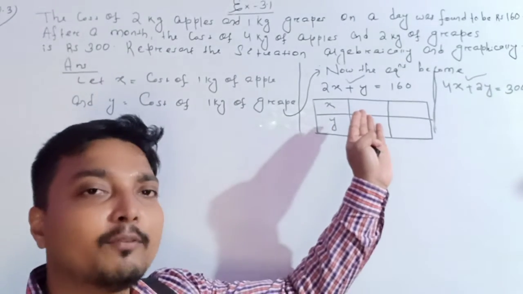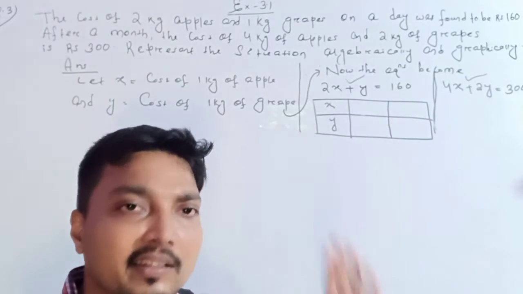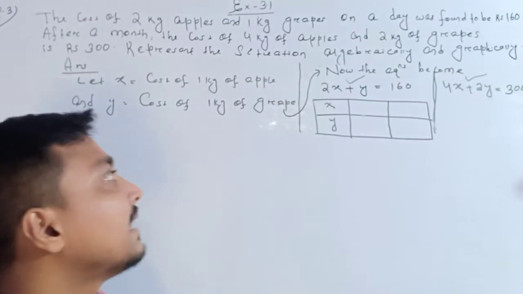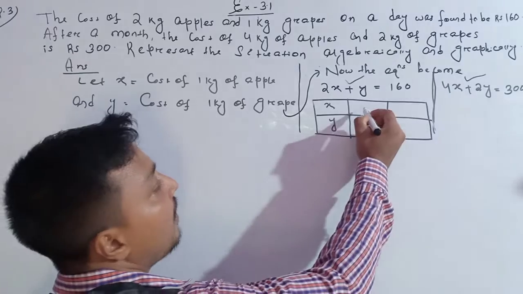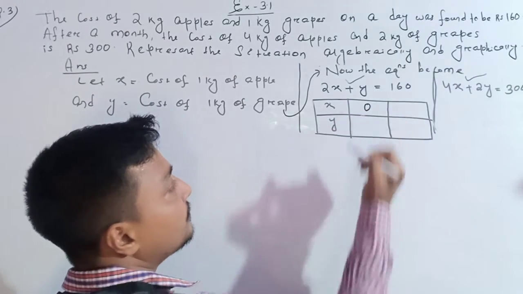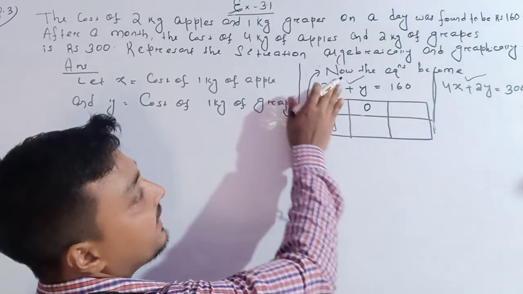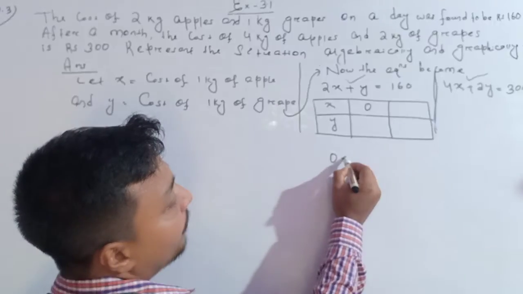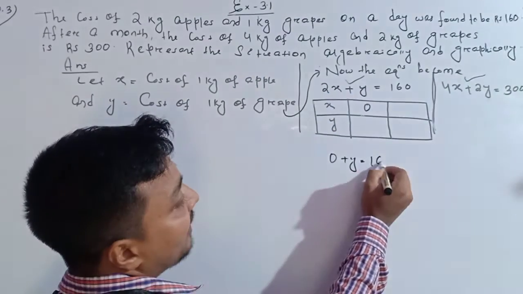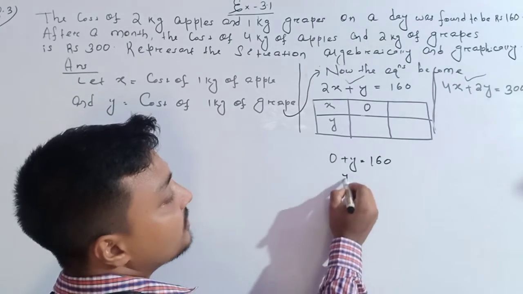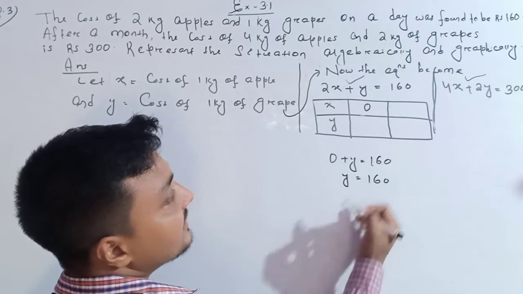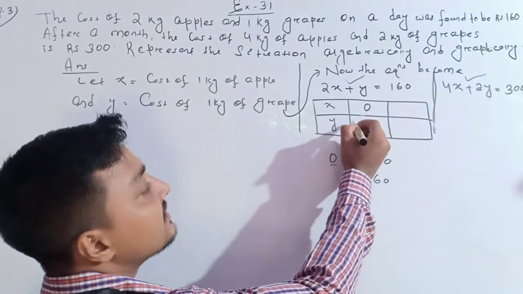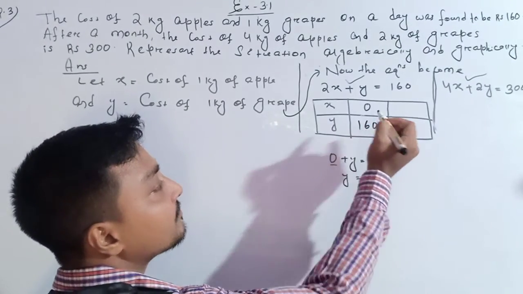Any value you can put, x = 1, 2, 3, anything, but it is always easier to put x equal to 0. On putting x equal to 0, the equation becomes 2 times 0 plus y equals 160, which implies y is 160.